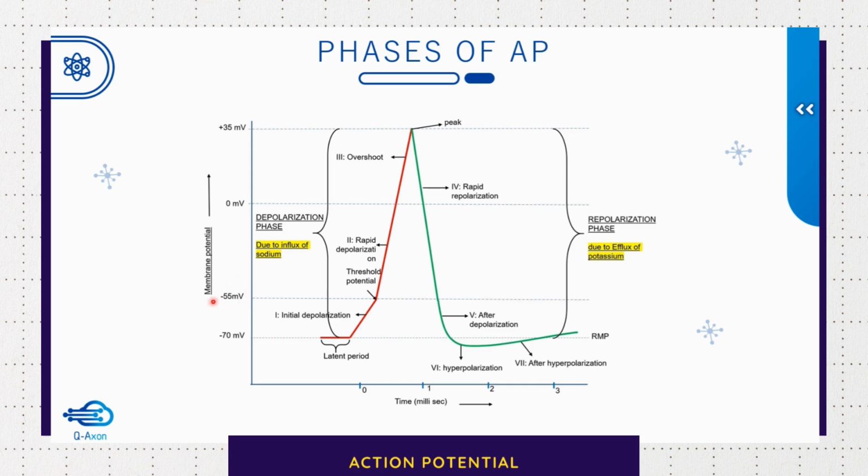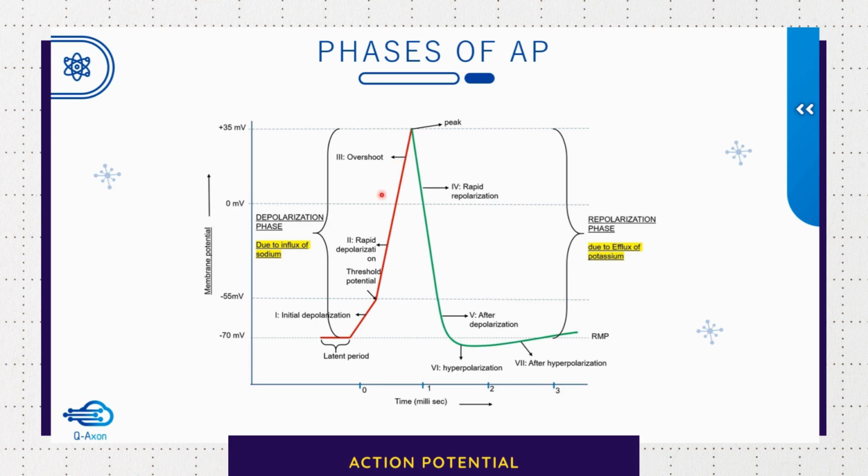Now this value minus 55 millivolt is significant because it represents the threshold potential for this tissue. So the moment the potential reaches minus 55 millivolt, there is a spurt in depolarization. You can see that now the slope is quite steep and rapid. So this phase is called the phase of rapid depolarization.